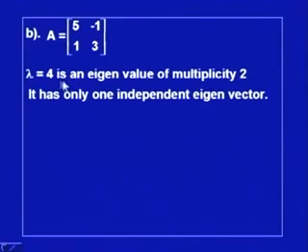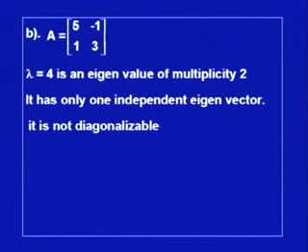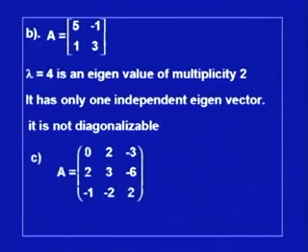But we have seen that it has only one independent eigenvector, and this means that it is not diagonalizable. We cannot find a matrix P which is invertible, so it is not diagonalizable.